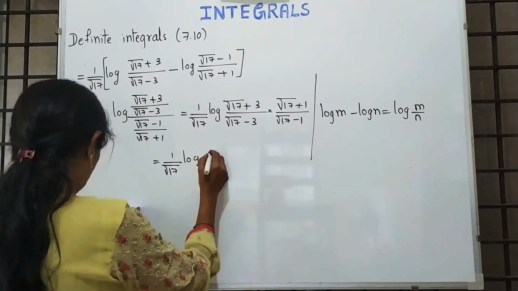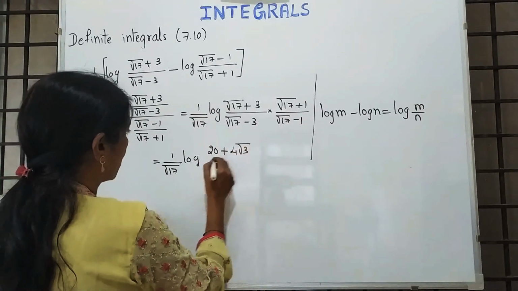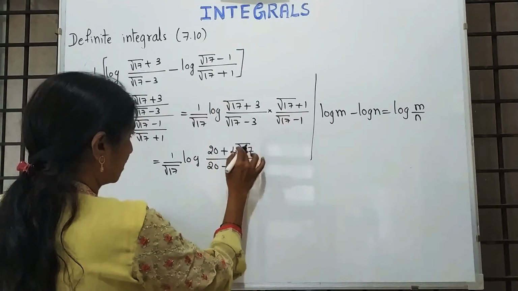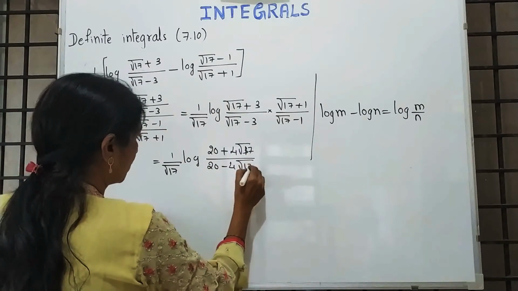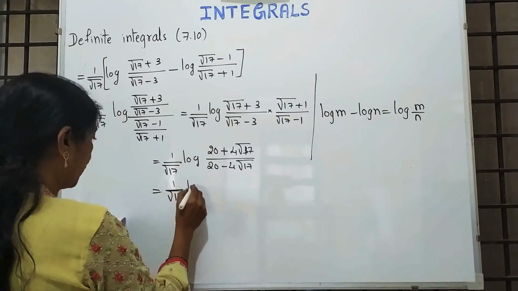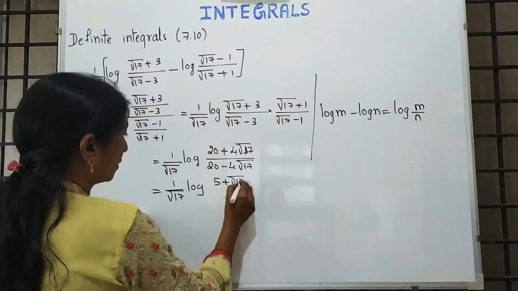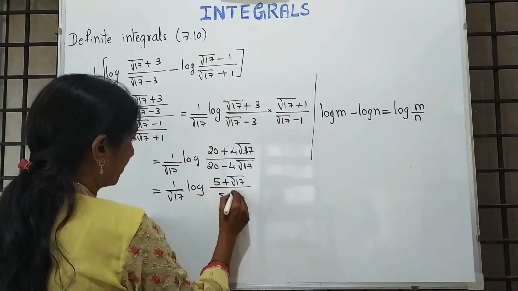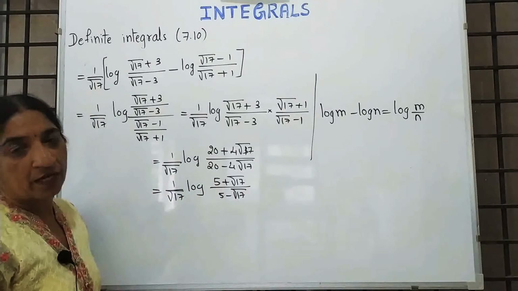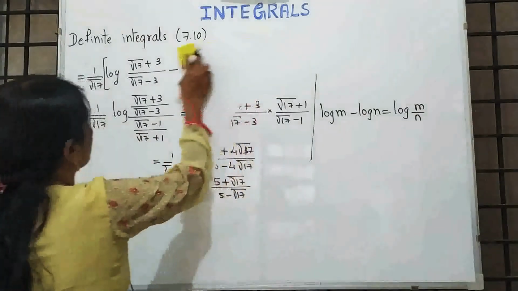You will get 20 plus 4 root 3 upon 4 root 17 after multiplication. It is 1 by root 17, 4 is common. It is 5 plus root 17 upon 5 minus root 17. If you want, you can stop it here or you can rationalize the denominator. The choice is left with the students.